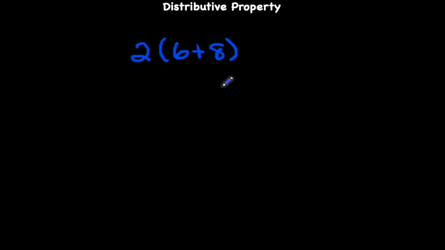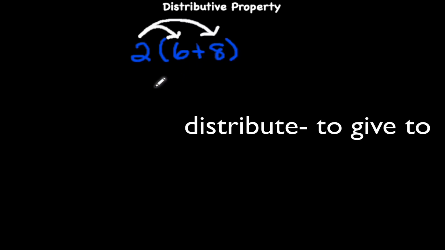Now, while you can most certainly perform order of operations with this particular problem, since we're talking about the distributive property, what we're going to do is take the outside number, which is this 2, and distribute it to each term in the parentheses here, right? So we're going to distribute the 2 to the 6 as well as to the 8, okay? And distribute simply means giving 2, okay?